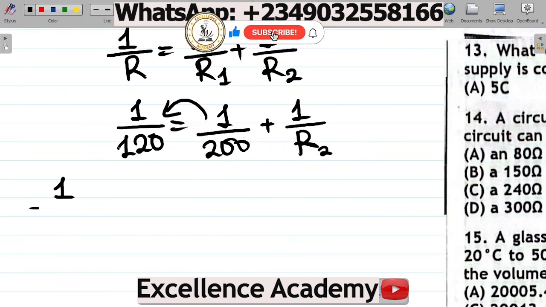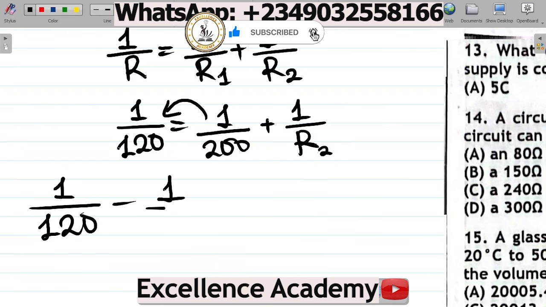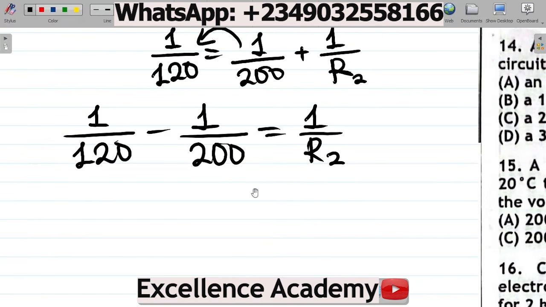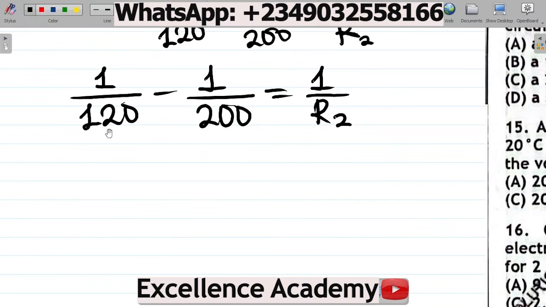In solving this, move this one over here. You have 1 all over 120 minus 1 all over 200 is equal to 1 all over R2. Let's solve for R2. So in a case like this, the simplest thing we can do, instead of stressing to get the LCM, is this. First, multiply this denominator with this denominator.